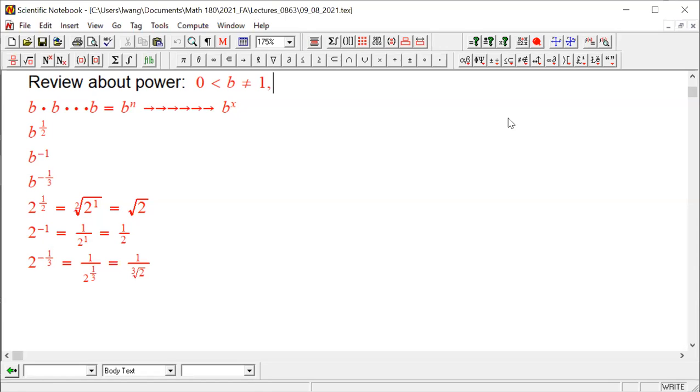But for exponential functions, as we study them, the base will be chosen this way.